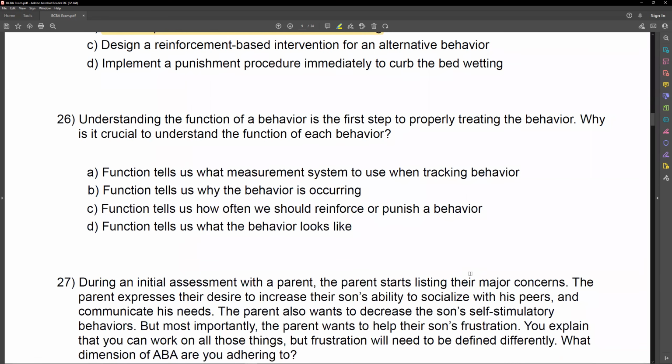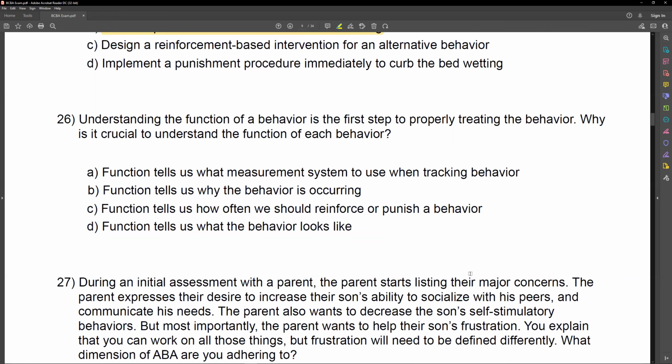26, understanding the function of a behavior is the first step to properly treating the behavior. Why is it crucial to understand the function of each behavior? Okay, why is it so important for us to know the function, right? Why do we preach to technicians and parents that the function is the most important thing? What is the reason? A, function tells us what measurement system to use when tracking behavior.